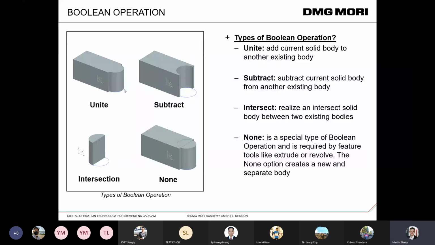To compare both, in this area you can't see the contour of the cylinder, while in this one you can see the contour of the cylinder. This is a result of there being two separated bodies. So to summarize the slides, in Siemens NX you can find 4 types of Boolean operation.